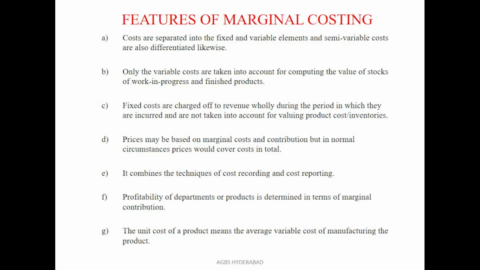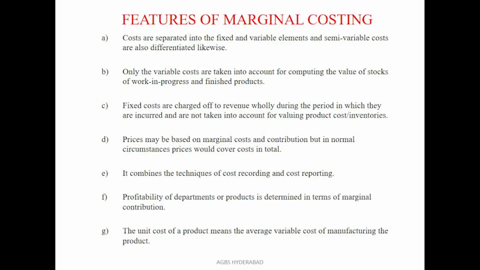The prices may be based on marginal costs and contribution, but in normal circumstances prices would cover costs in total. It combines the techniques of cost recording and cost reporting. So, the responsibility of the management is to think of the expenses incurred to produce a product as the marginal cost.